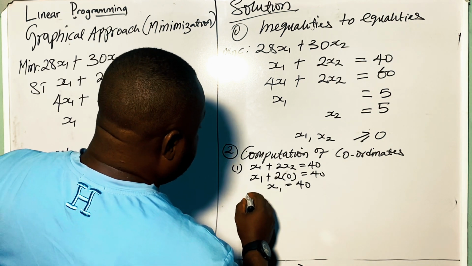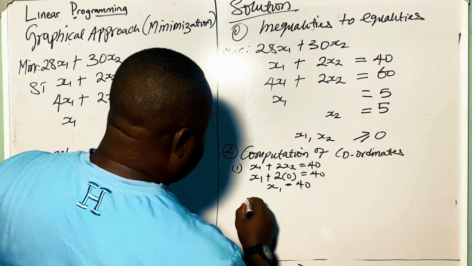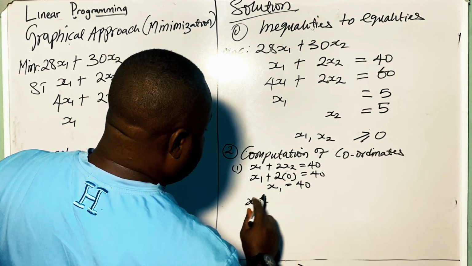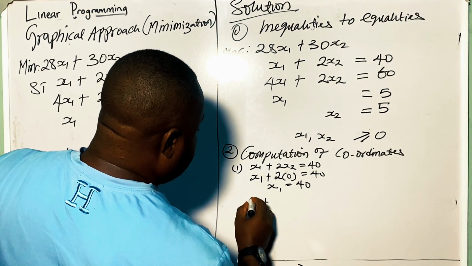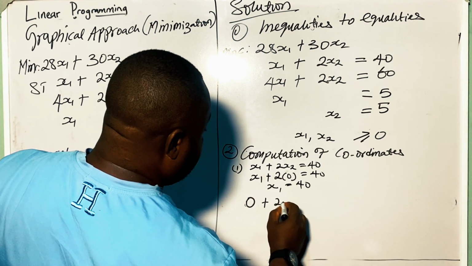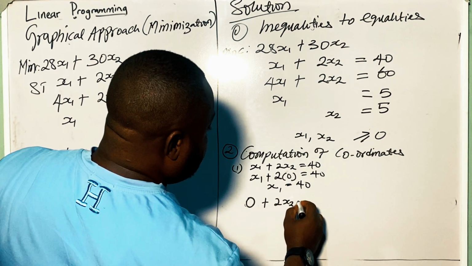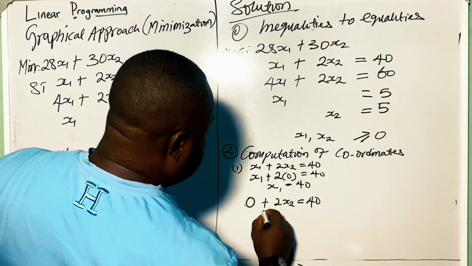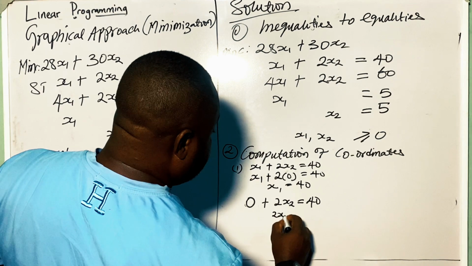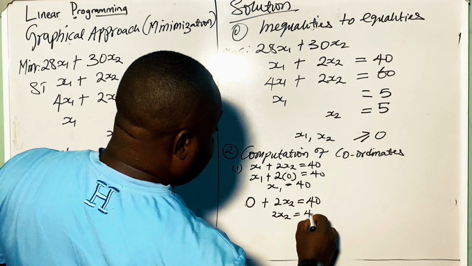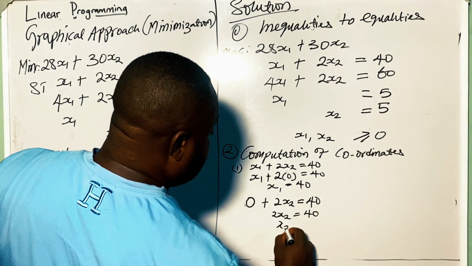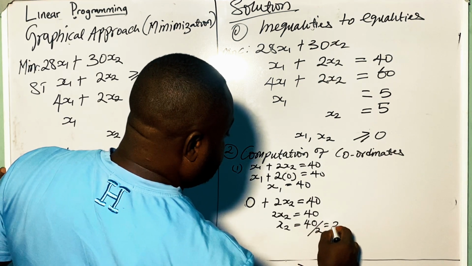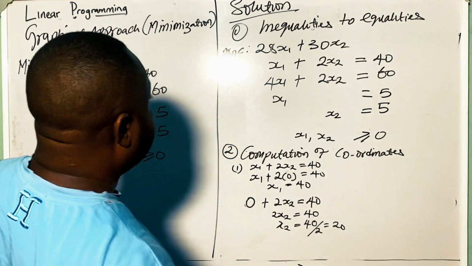Then if you hold x1 constant at 0, we have 0 plus 2x2 equal to 40, so that x2 equals 40 by 2, which is 20.